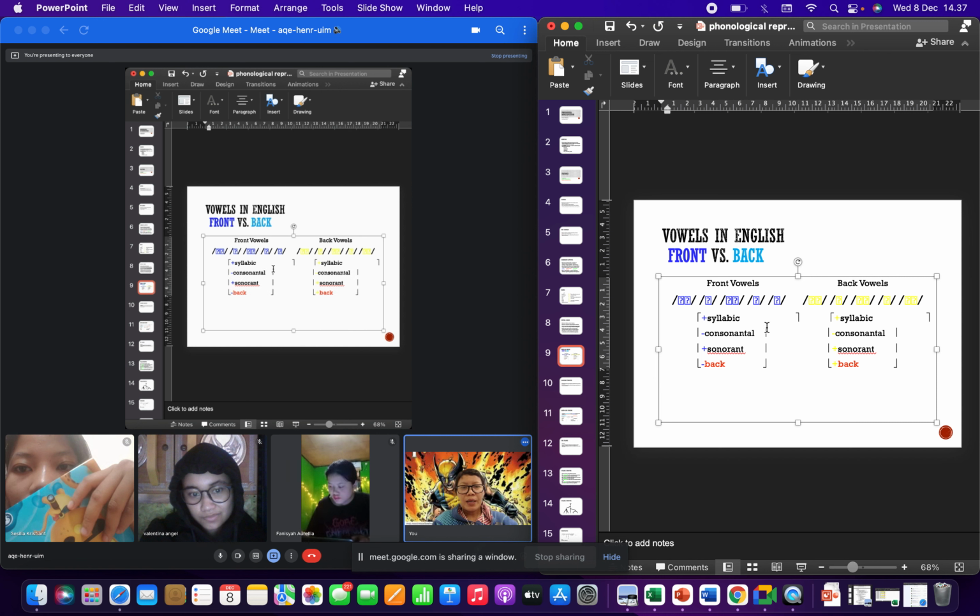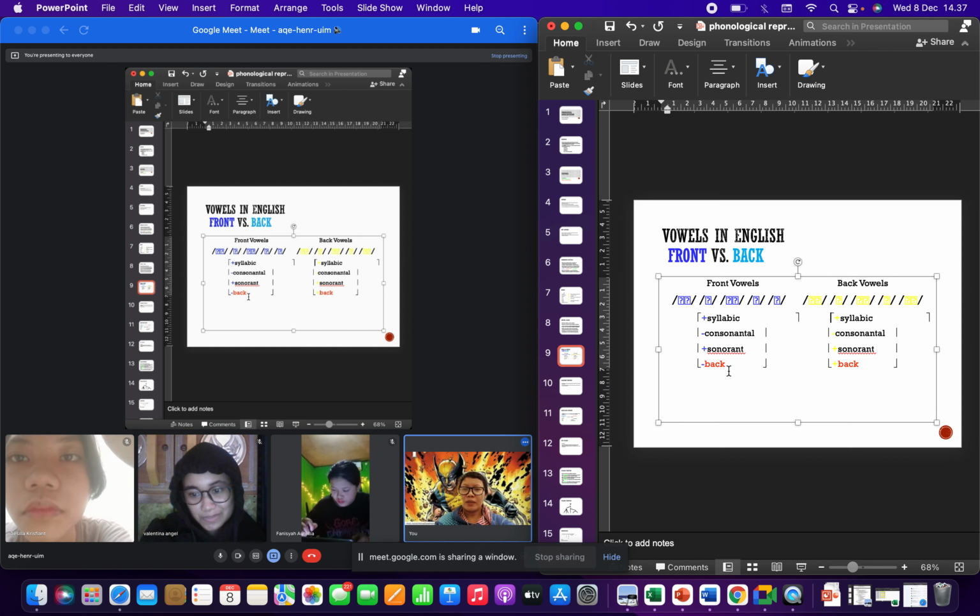Okay, if we see the voice, we talk about vowels here: all front vowels are syllabic, minus consonantal, because it is a vowel, so there is no consonant, and of course plus sonorant. But because it is a front vowel, there is no back in this sound.